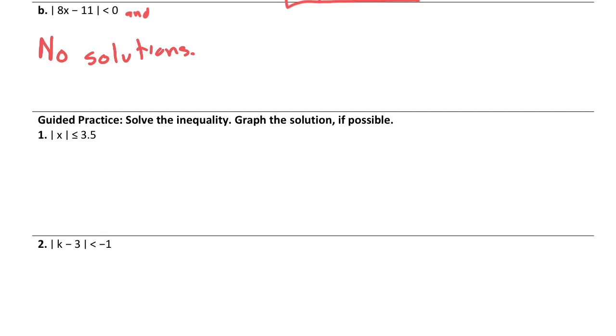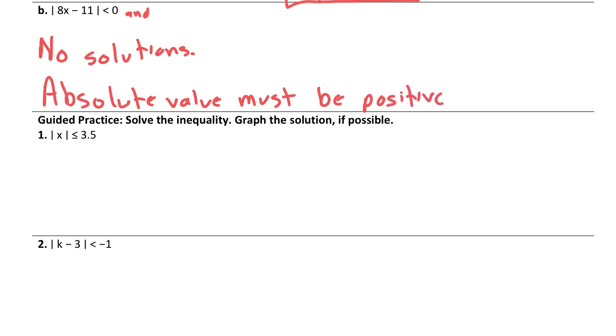And the reason why is absolute value must be positive. And by definition, being less than 0 means that a number is negative, which works against the whole idea of absolute value. So if we get any absolute value inequality less than 0, that has no solutions.